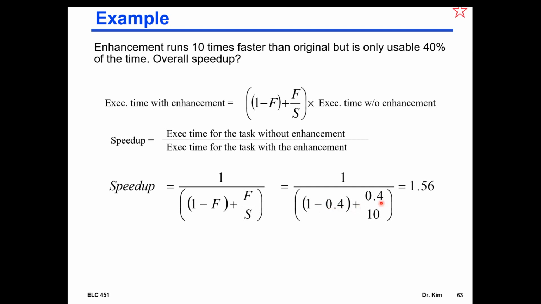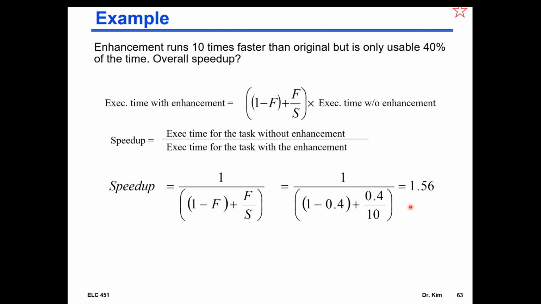And then this 40% is being sped up 10 times, so that becomes the f over s. And then you can solve for this ratio, which is the execution time for the task without improvement, the old system, divided by the execution time for the task with the enhancement, the new system. So we see that the speedup is 1.56.